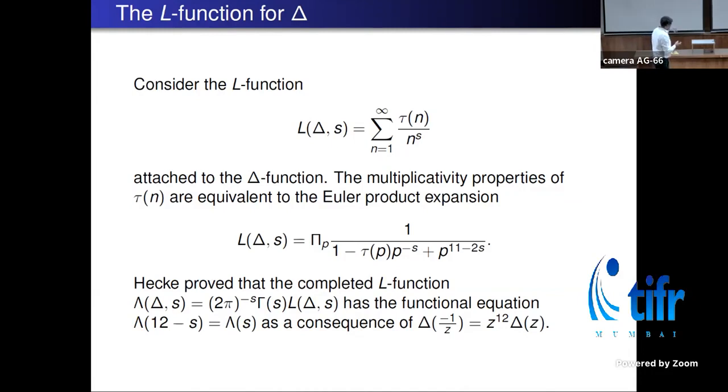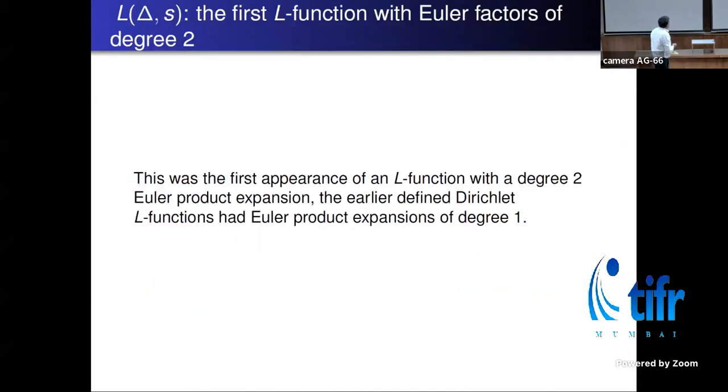And okay, I'm going to skip what Hecke did here. So in some sense, this was the first appearance in mathematics of an L function with Euler factors of degree bigger than 1. Right? Dirichlet in the 19th century, in his famous proof of primes in arithmetic progression, had considered Dirichlet L series, which were L chi S, and they had Euler product expansions of degree 1. Right?